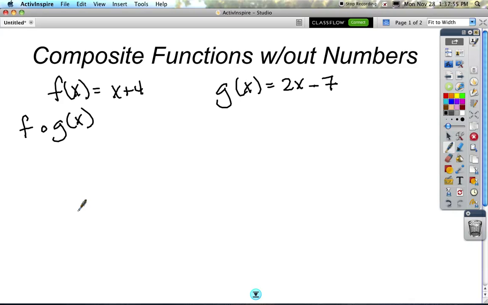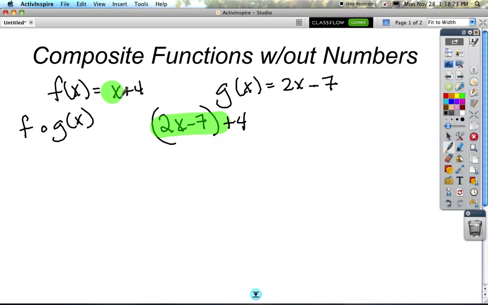Okay, which one am I starting with? The g, which is 2x minus 7. Keep it in parentheses. Okay, now this goes in there. Then I just have to add plus 4. 2x minus 3.